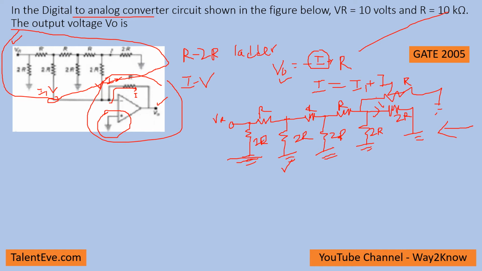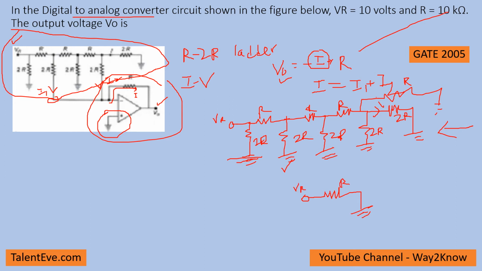Again 2R and 2R in parallel will be R. Again R plus R is 2R, 2R and 2R parallel will be R. That means this circuit can be simply represented as this VR.